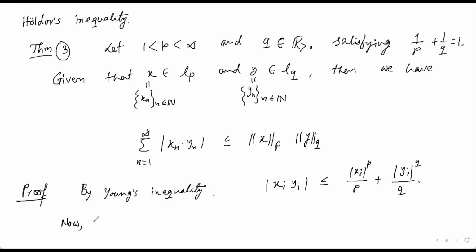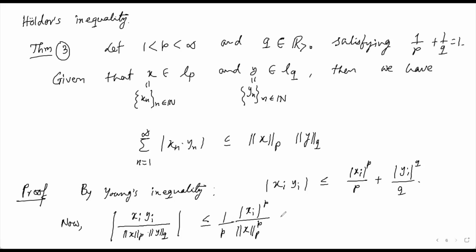Now we have x_i times y_i over the p norm of x times the q norm of y. The absolute value of this quantity is less than or equal to, again using Young's inequality, the absolute value of x_i over the p norm of x, to the power p, times 1 over p, plus 1 over q times the absolute value of y_i to the power q over the q norm of y to the power q.